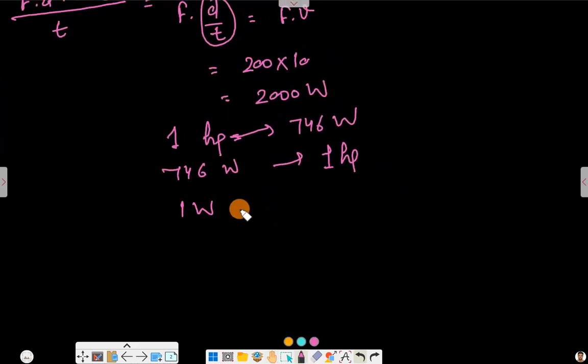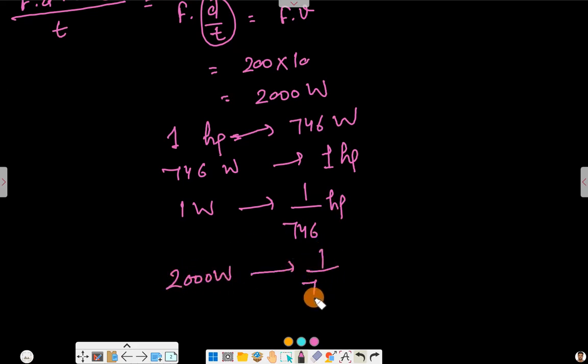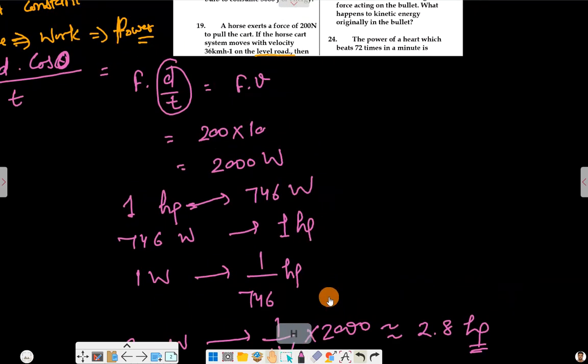So 1 watt is equal to 1 by 746 horsepower, and 2000 watts is equal to 1 by 746 into 2000. You can solve it and it will come approximately 2.8 horsepower. This is an approximate answer. You can calculate the exact answer.